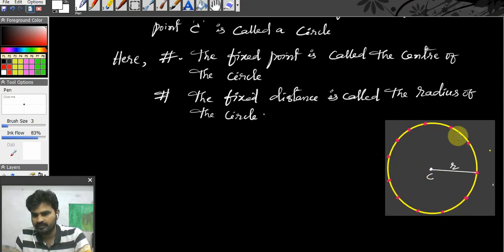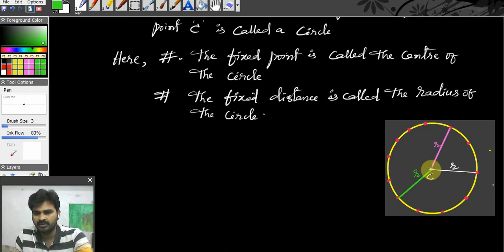Now these points are all at a constant distance from the point C. How much is that distance? Suppose from here to here is r. Next take one more point here. This distance is also r. So this is called the circle.